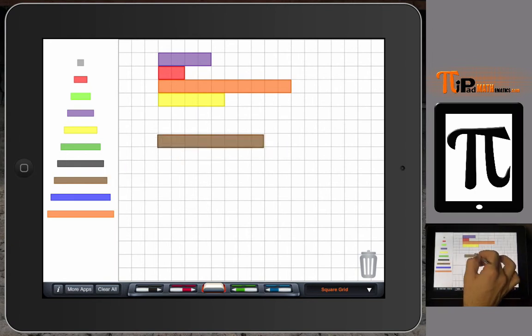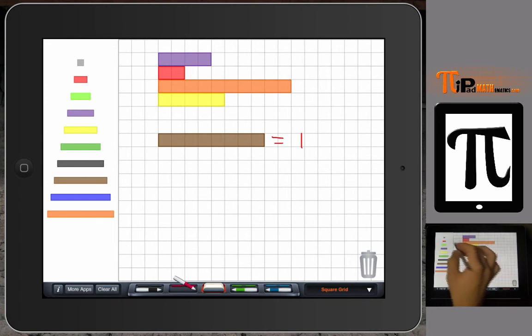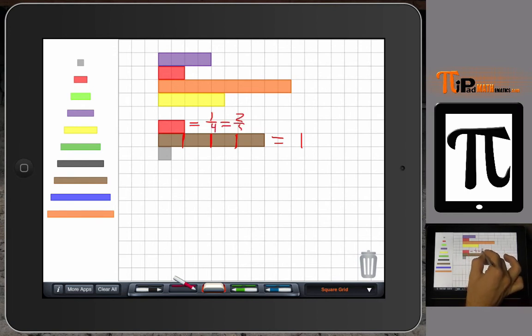What if I did brown as being my whole? If the brown equals 1, then we have our wonderful white rod that's going to be 1/8. And our red rod, you get the 2 in there 1, 2, 3, 4 times. So the red equals 1/4, but it also equals 2/8.